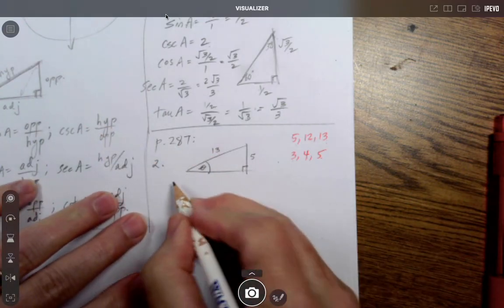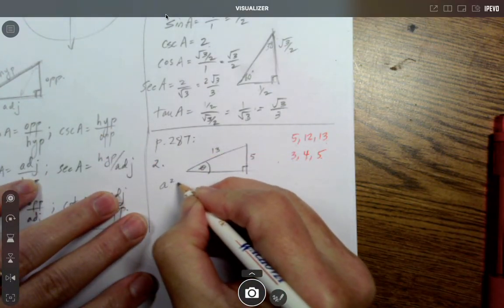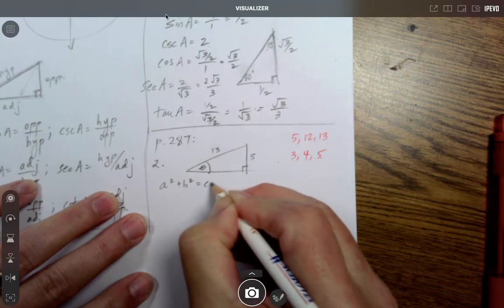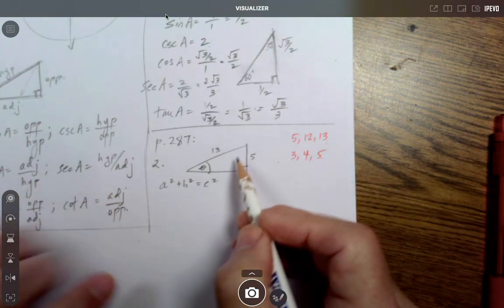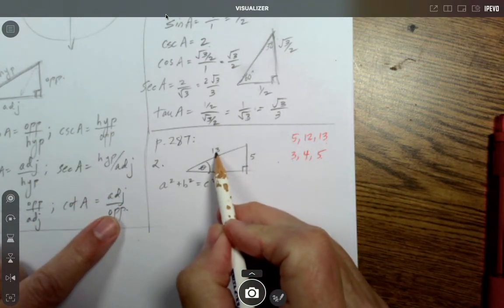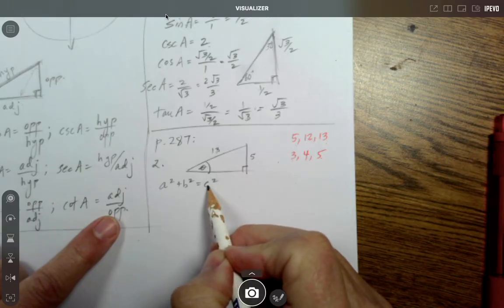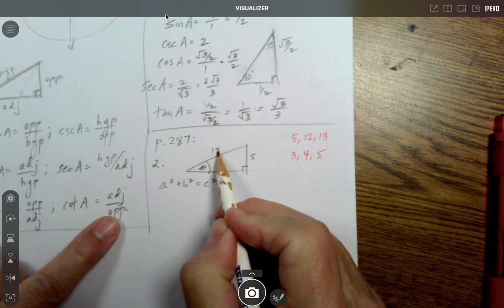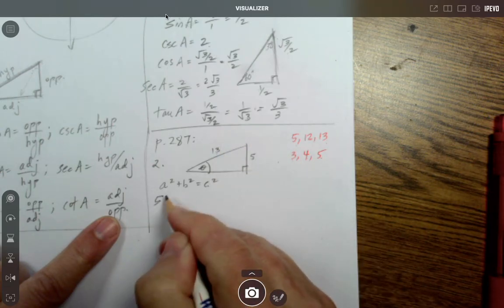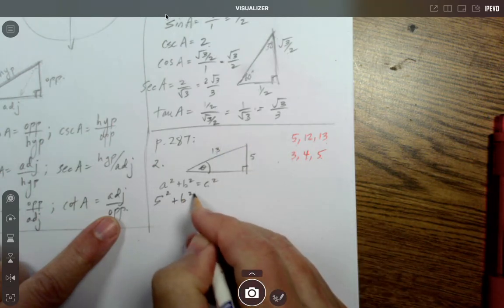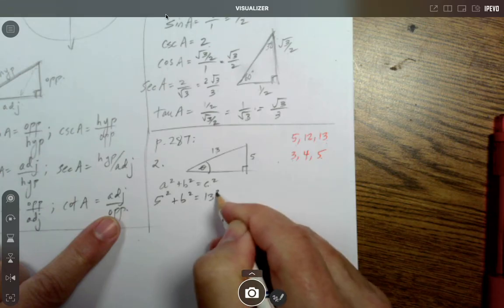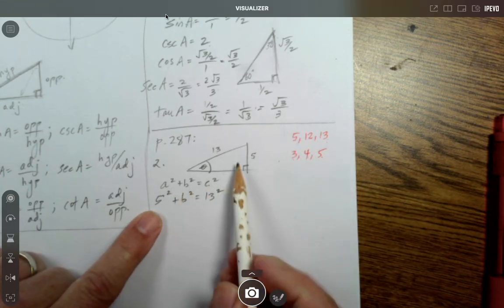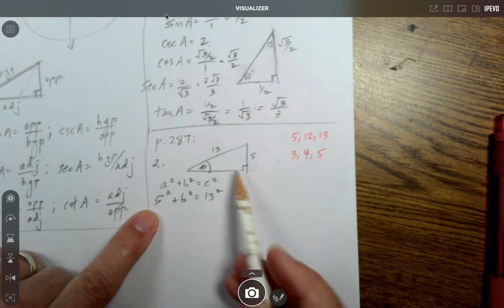Well, we're using Pythagorean's theorem, which says a squared plus b squared equals c squared, right? Now, in this case, you've got the hypotenuse, which is your c, and then you've got one of these. So I'll make this one a, and I'll make that one c. So this will be 5 squared plus b squared equals 13 squared. How did I know that one was a? I just decided it was a, right?